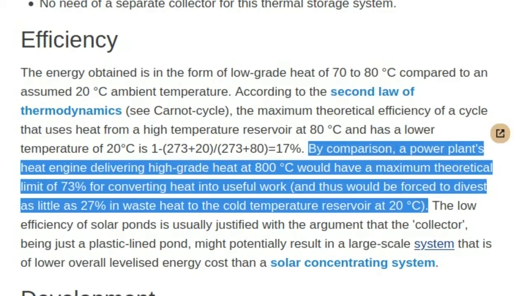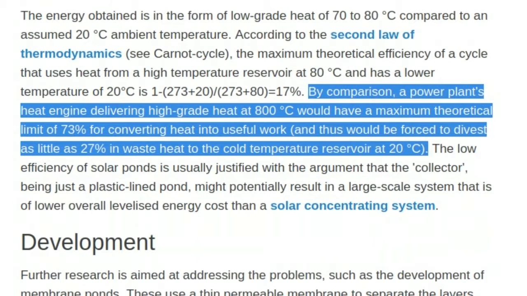By comparison, a power plant's heat engine delivering high-grade heat at 800 degrees Celsius would have a maximum theoretical limit of 73% for converting heat into useful work, and thus would be forced to divest as little as 27% in waste heat to the cold temperature reservoir at 20 degrees Celsius.